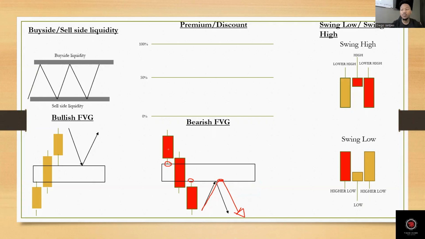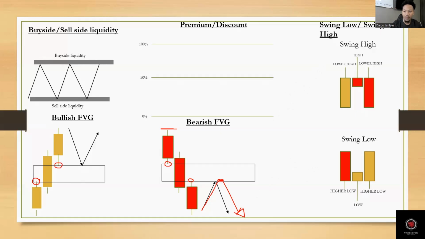Where will your stops be? Your stops will always be at the high of the candle which started off this fair value gap momentum right over there. That will be your stops in a bearish fair value gap example. Let's look at a bullish one. In a bullish one, look at this closure of that wick right there and the open of that wick right there.